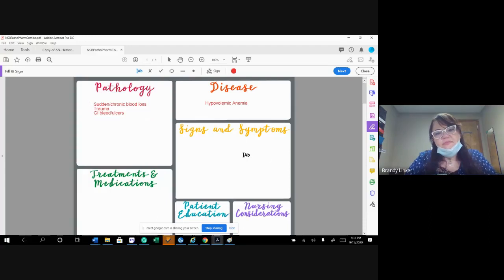So your signs and symptoms of hypovolemic anemia are going to be low blood pressure, okay, pallor, obvious bleeding, internal bleeding. It's going to be like stool, vomiting blood. Okay.